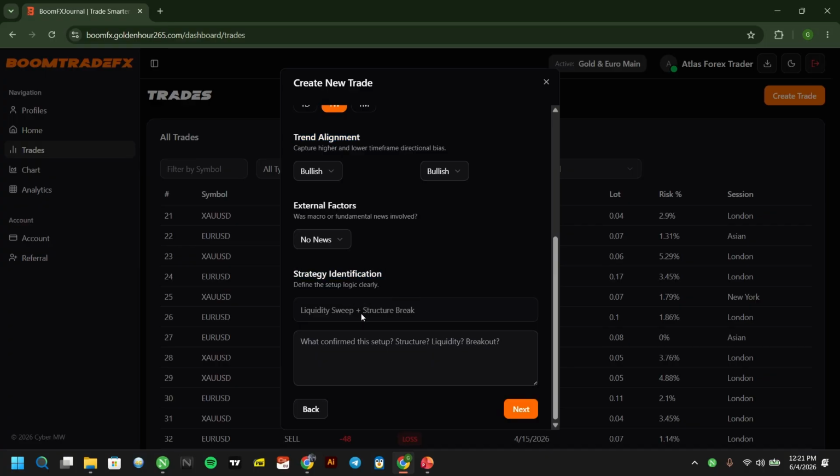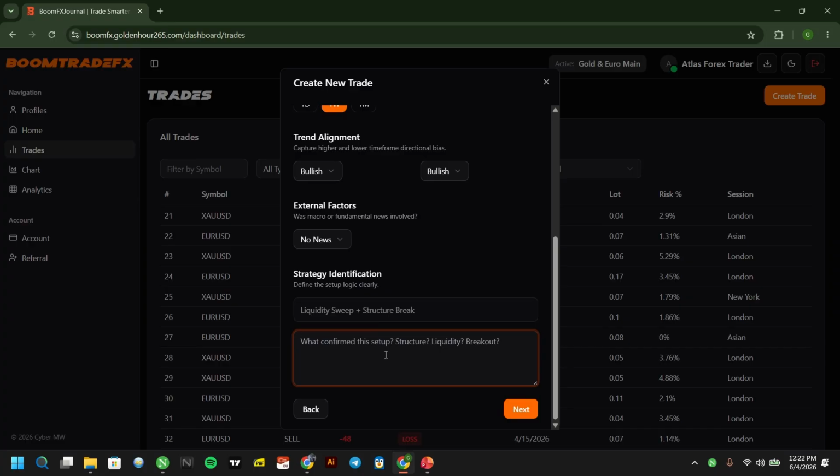Strategy identification. This here is a strategy that we typed in when we were creating the profile, and we can add in some more details about the strategy. Essentially, we can add something like what the entry was, what time the entry was confirmed, things like those. So whatever you find relevant. Always remember that this is meant for you, so how you use it is essentially up to you, the data that you enter.